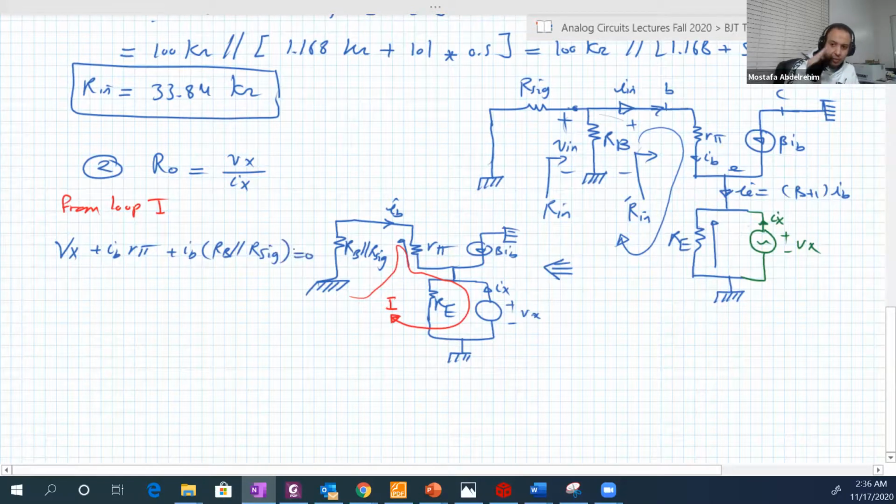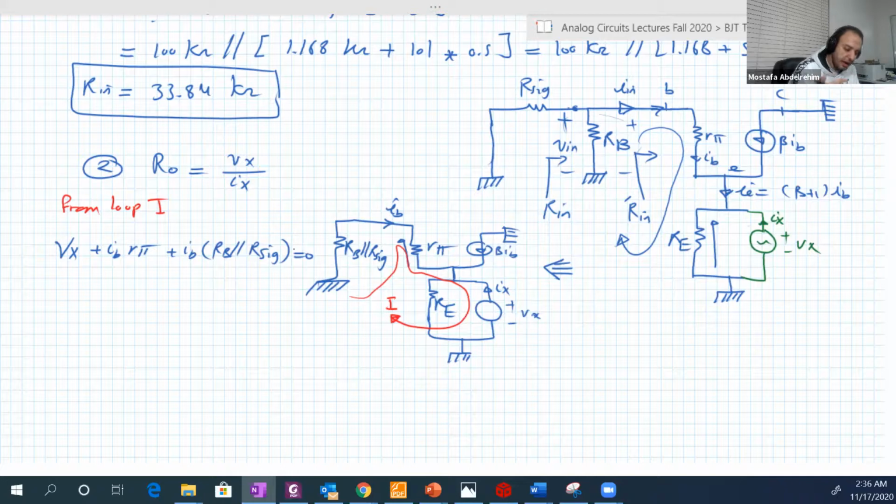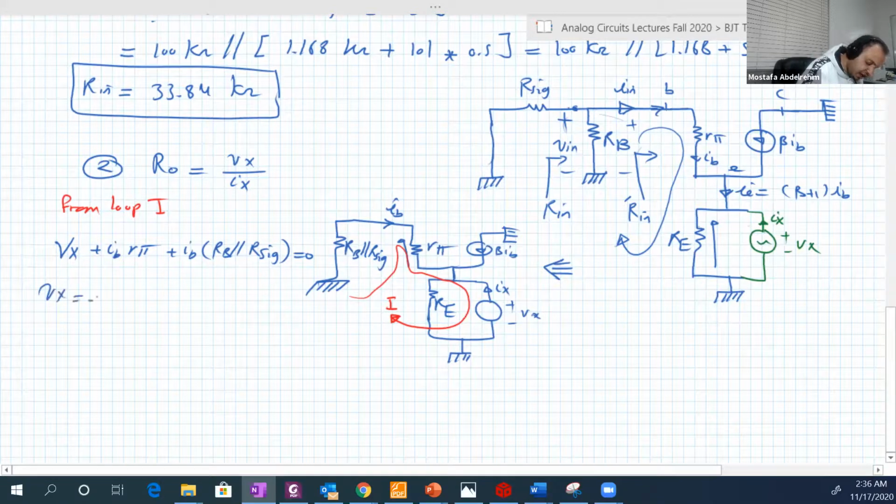We have one loop, three elements in that loop: the voltage source, R pi, and RB parallel R signal. So Vx basically equal to minus IB as a common factor, R pi plus RB parallel R signal.